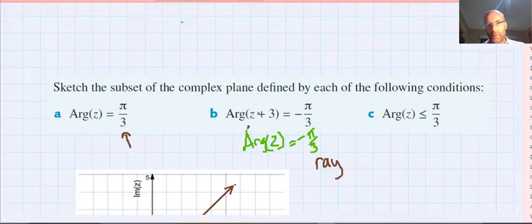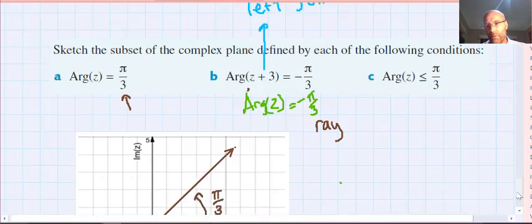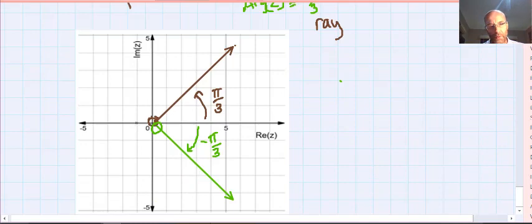Like in a lot of your previous work, this will create a translation to the left 3 units. You've seen that with many things in your previous studies. So what we simply do is just move that to the left 1, 2 and 3, and likewise we've got the ray now going off parallel like that there.